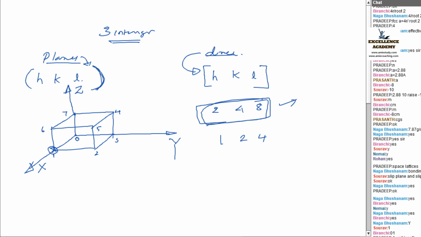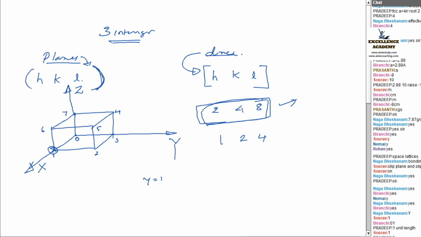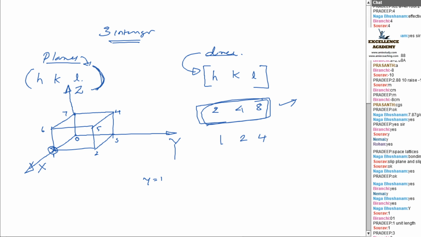That is known to us. Which is the point where y is equal to 1? Pradeep says that 3. Yes, along the y-axis you have to check.